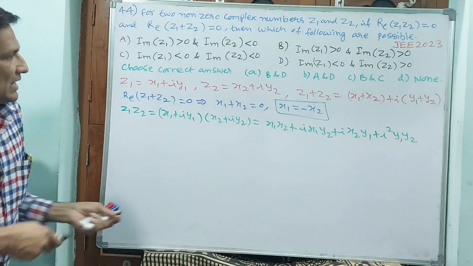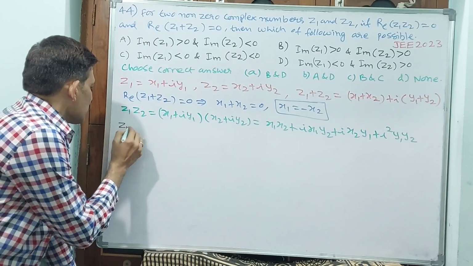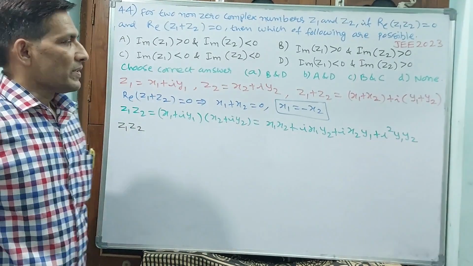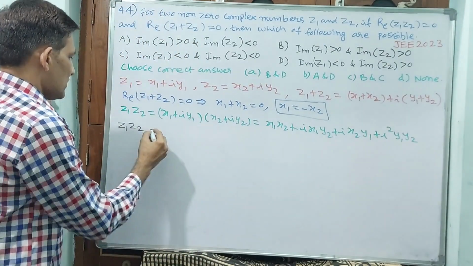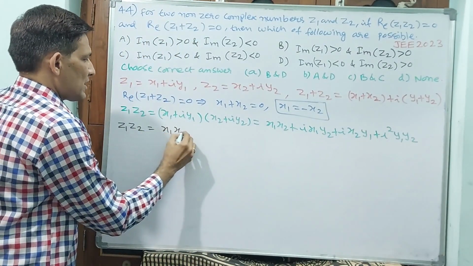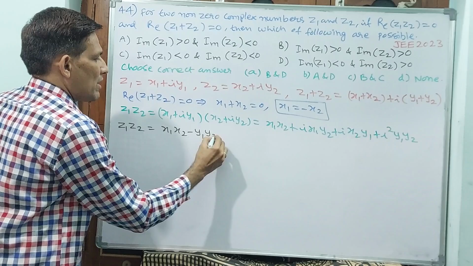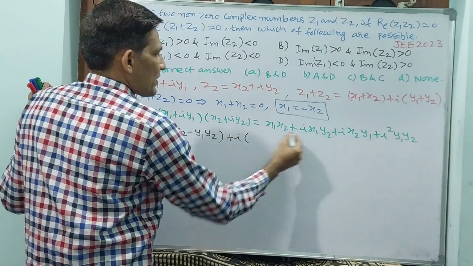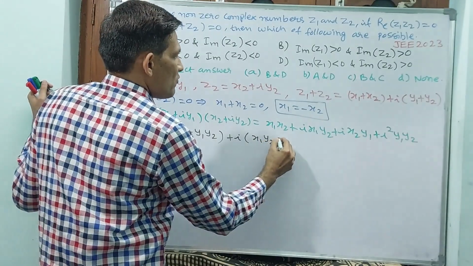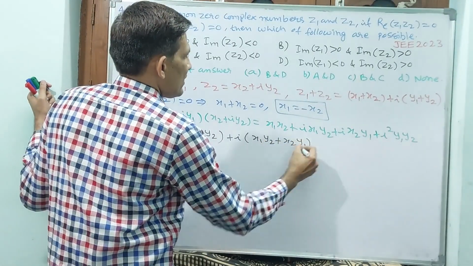But you should do something more. Because here I square means minus 1, so minus Y1 Y2. Write down: that is equal to X1 X2 minus Y1 Y2 is the real part, plus I times X1 Y2 plus X2 Y1 is the imaginary part.